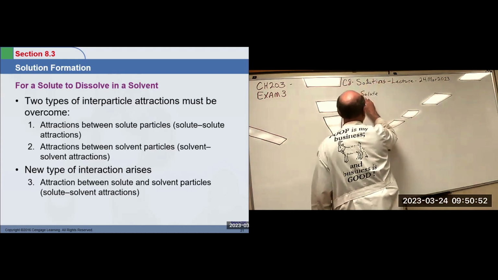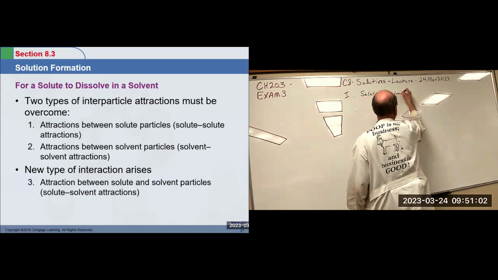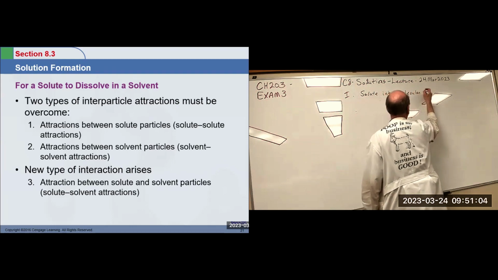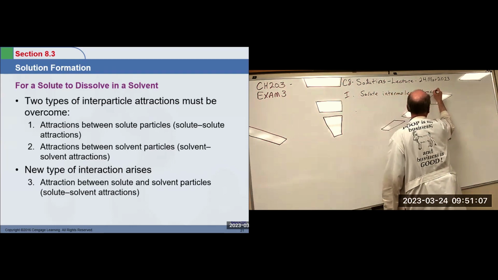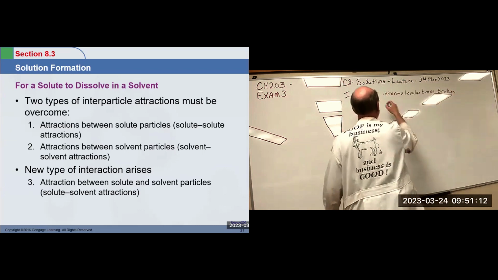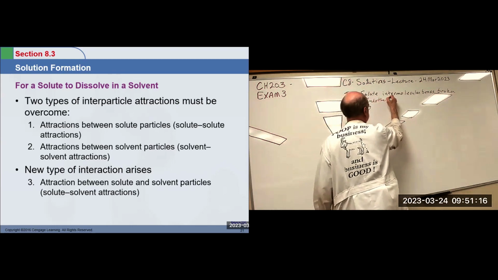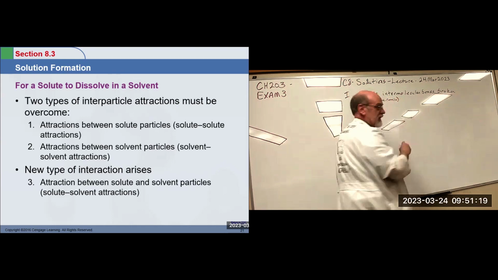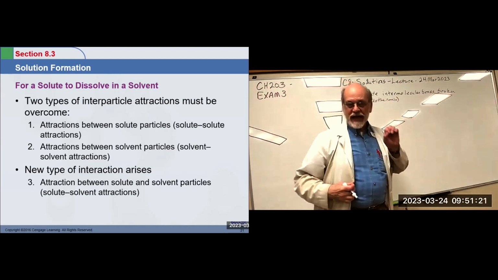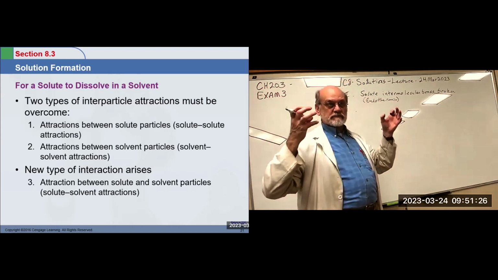So this is: solute intermolecular bonds are broken. Okay, this is an endothermic process. That means you have to add energy. You've got to add energy to this solute to break those bonds.